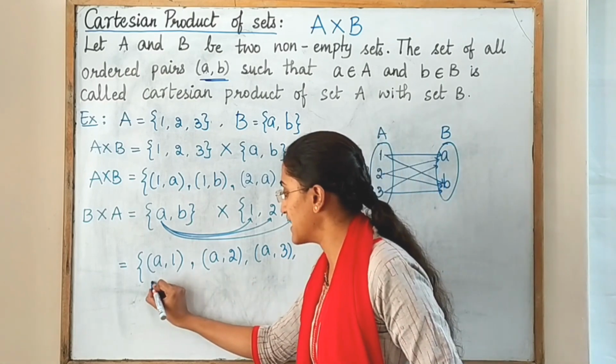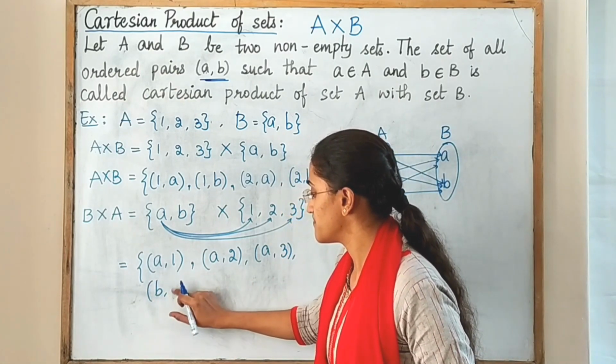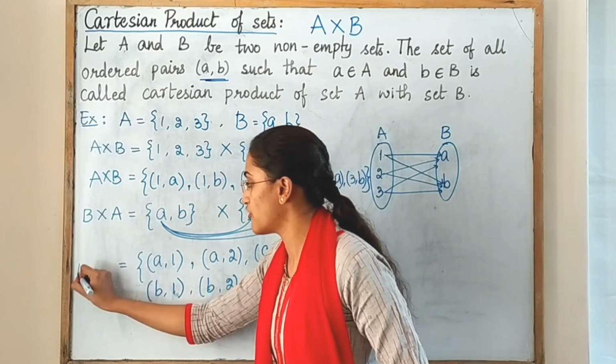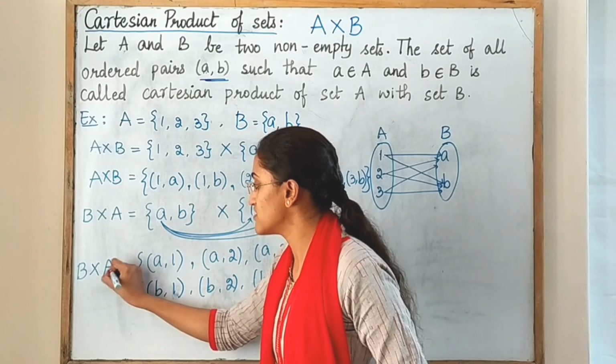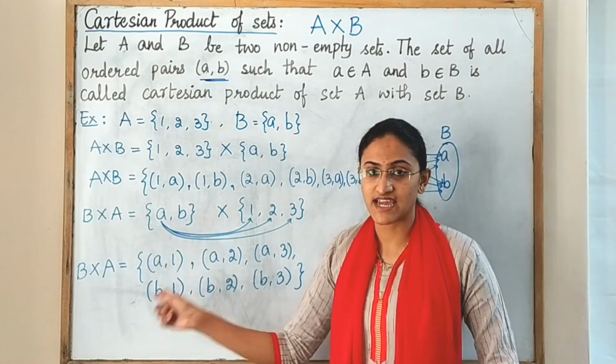In the similar way, go on connecting the second element b also. This is the set of all ordered pairs, and which gives the Cartesian product of two sets B and A.